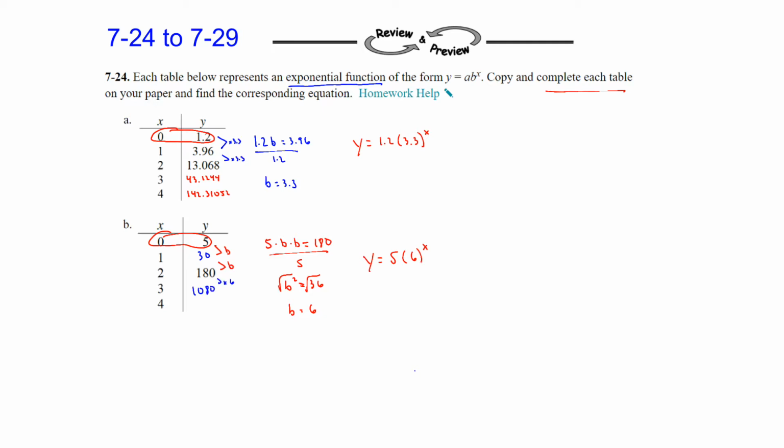And then 1,080 times 6 is 6,480. So we've completed the table, and we have written the equation for both of them as well.